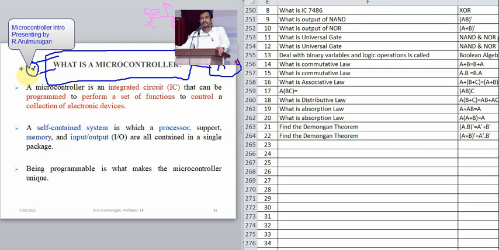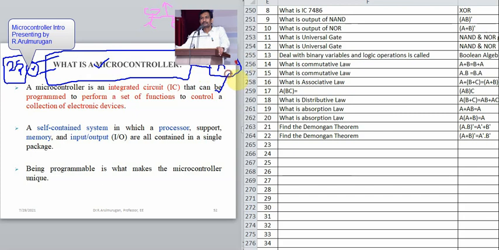So whenever the room temperature crosses above 25 degrees Celsius, the microcontroller turns on automatically, giving the command to turn on the air condition.